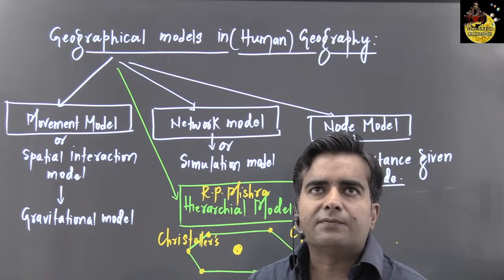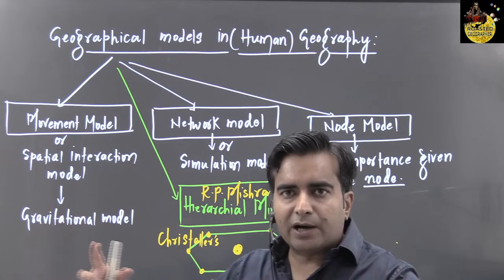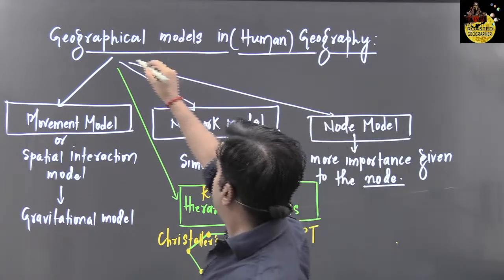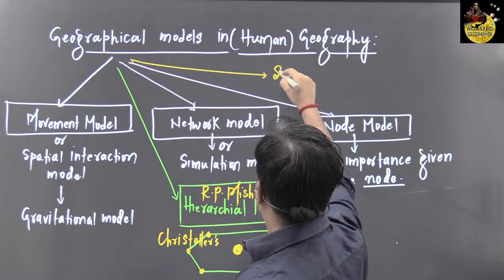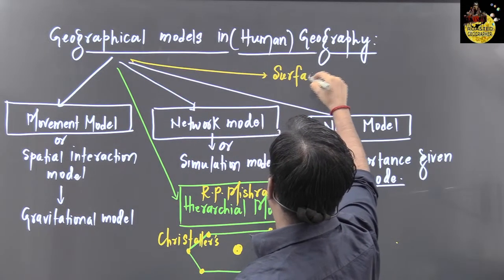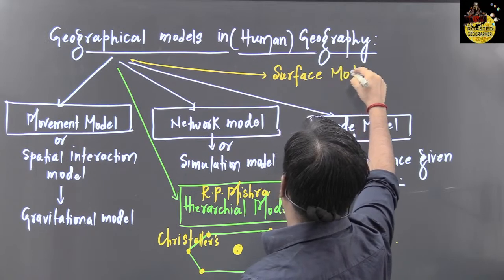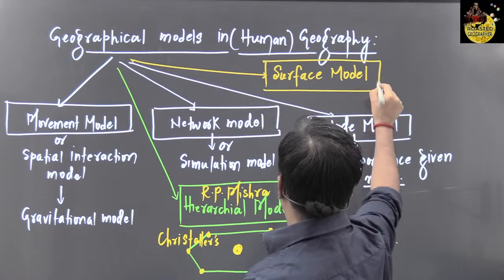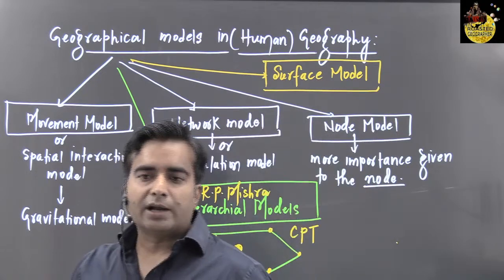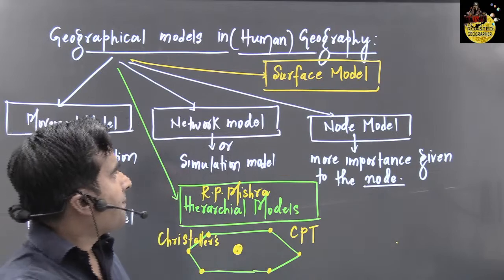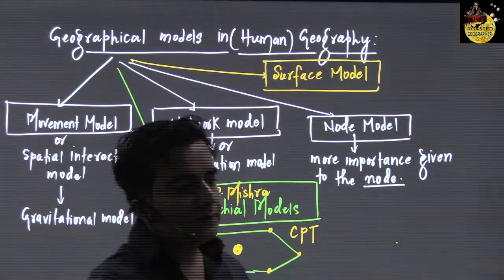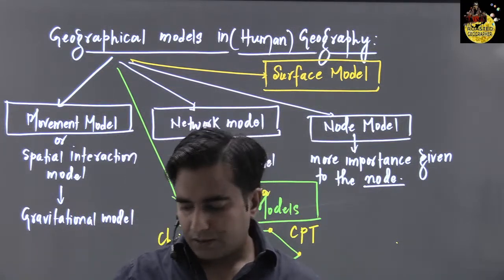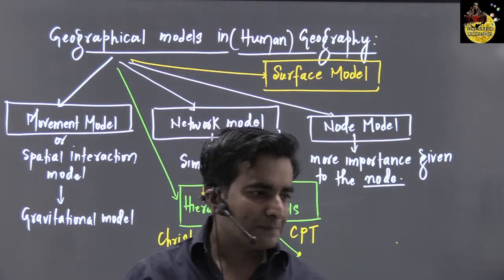Okay. Now the next one is called as the surface model. Okay, man-environment relationship, the interaction between man and environment. That is surface model. लाइट चली गई है, बोर्ड हो सकता है धोखा दे जाए, तो जल्दी जल्दी लिख लेंगे.